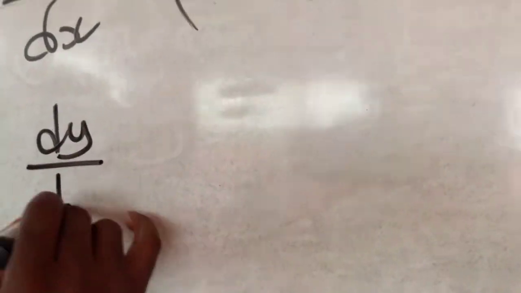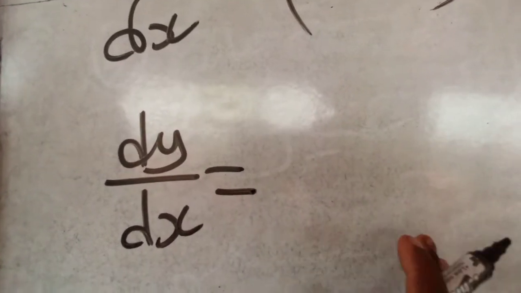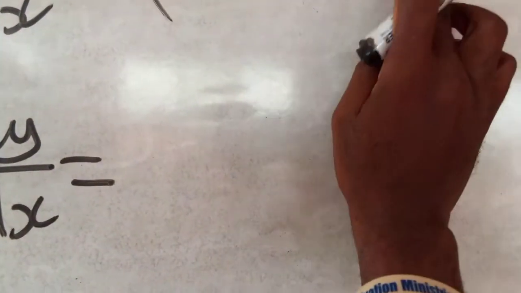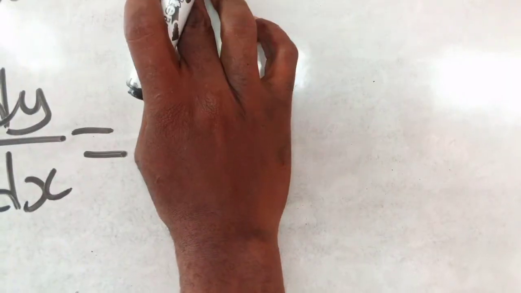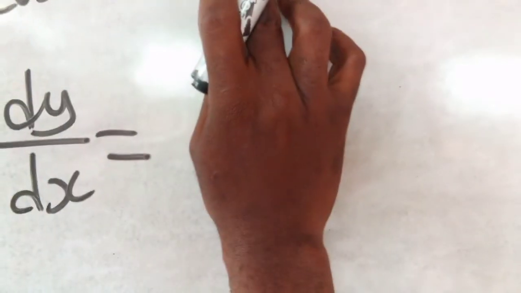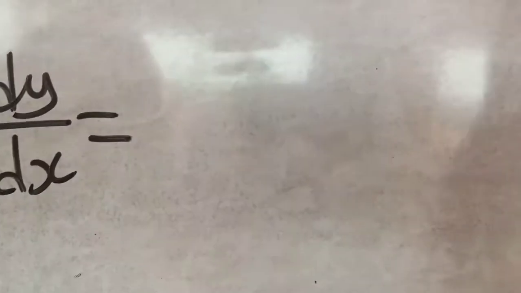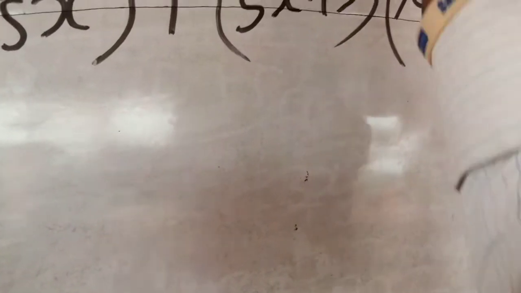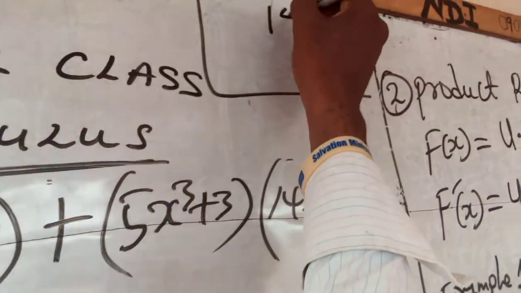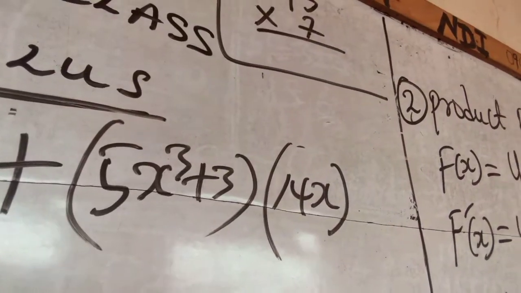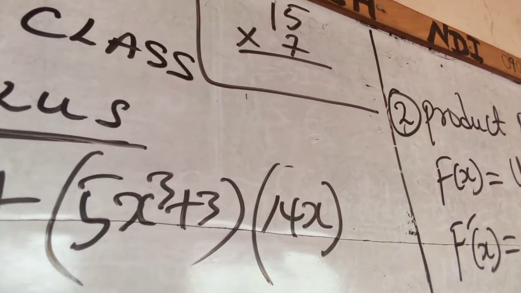So the next one you will expand, you open the bracket. So dy over ds will be, how do you open the bracket? This one will multiply this. Number will times number, s will times this. So you are going to say 15 times 7. What will it give you? 7 times 5 is 35.